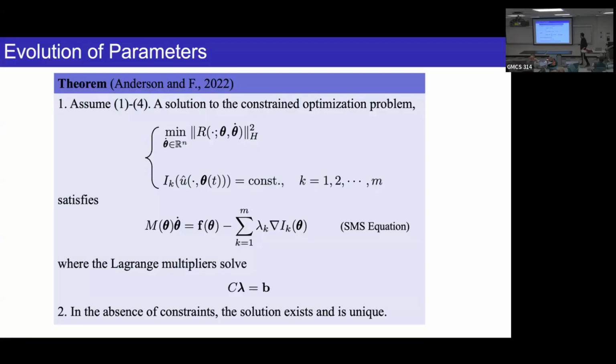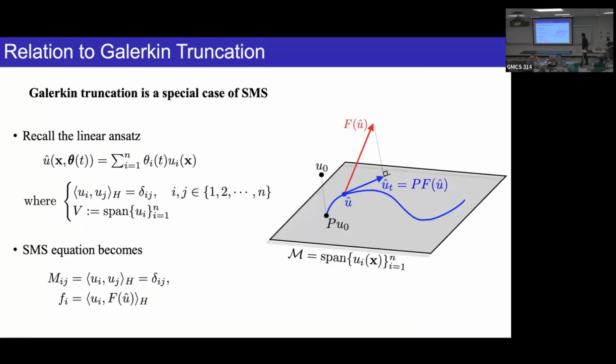So that has these nice properties. Another nice thing about this method is that the Galerkin truncation for PDEs is a special case of this SMS. If your manifold happens to be flat, then the equations that I just described in the theorem reduce to the usual equations that you're familiar with from Galerkin truncation.